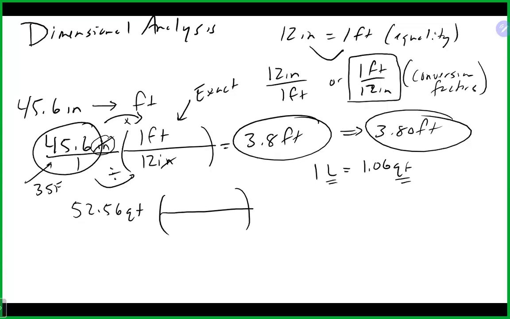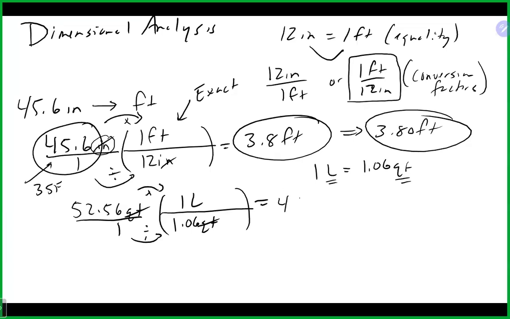Again, we would set this up. And again, you can put a 1 over if it helps you. Quarts are on top, so we would need quarts on the bottom here and a liter up on top. Multiplying and then dividing, quarts will cancel and will get us, in this particular case, 52.56 divided by 1.06.